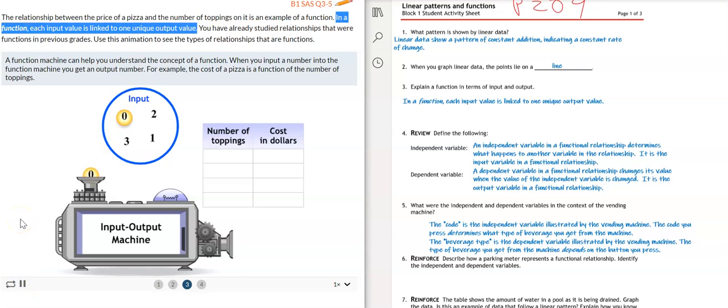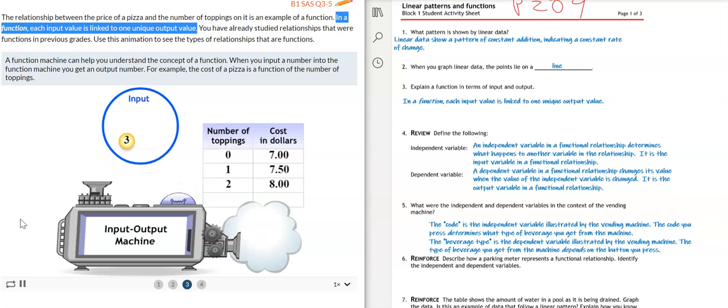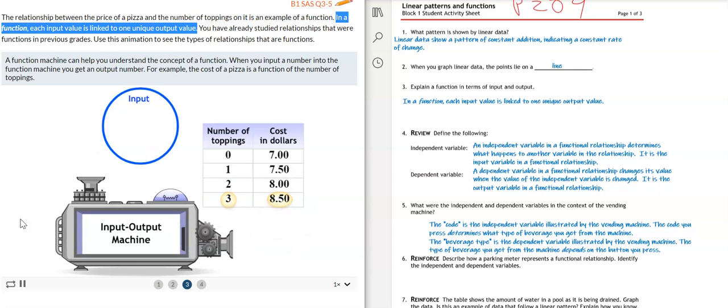So you put 0 in the input-output machine, and out comes $7. You put a 1 into the function machine, and out comes $7.50. You put a 2 into the function machine, and out comes $8. And 3 goes in, and you guessed it, $8.50 comes out.